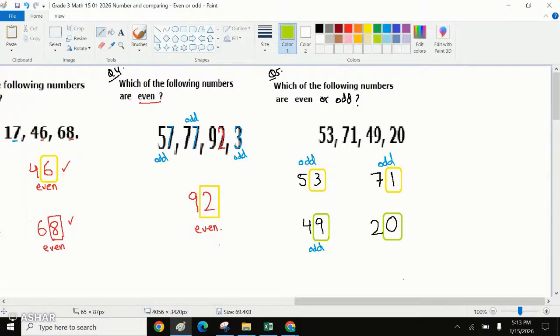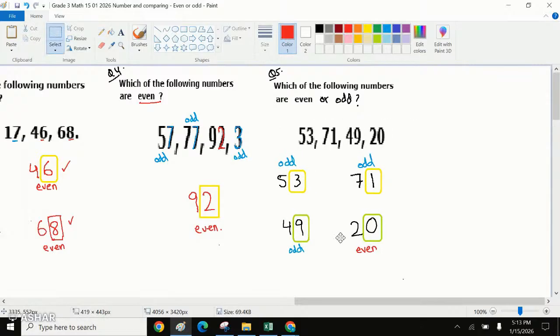Yes, thank you so much. 20 is the only even number. Right now, what we are looking at is just what is even and what is odd. Later on, we will look at more types of numbers and see what other types of numbers they can be.